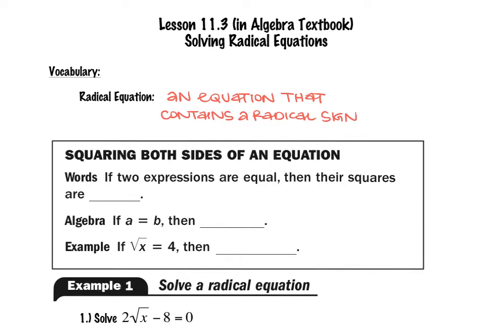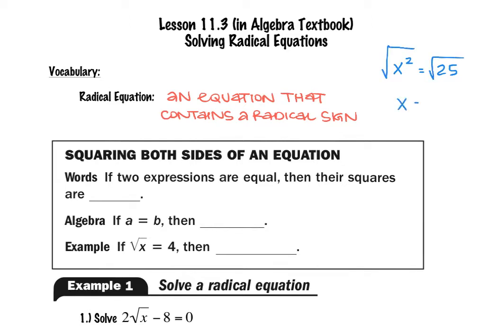All right, now, we already talked about how if we had an equation that looked like x squared equaled 25, for example, the way that we undo that squared number is to take the square root.